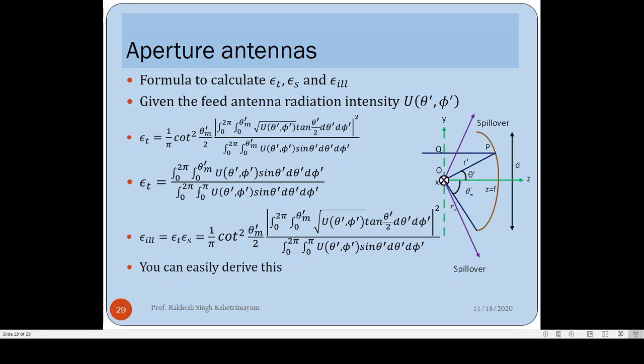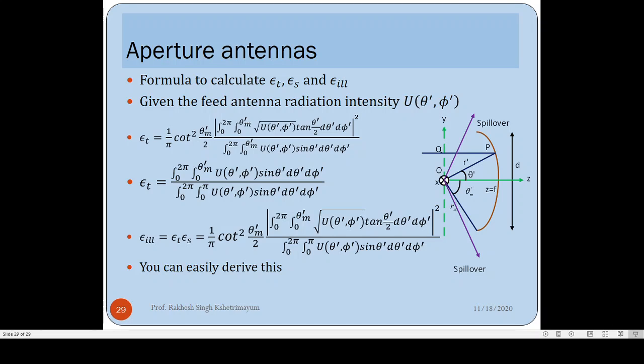In this class we have discussed parabolic reflector antennas, and we have found the far field radiated patterns by following three steps. First, establish the field in the aperture. Then, you use geometric optics, because parabolic reflector antennas are huge, with diameter greater than 100 times lambda.